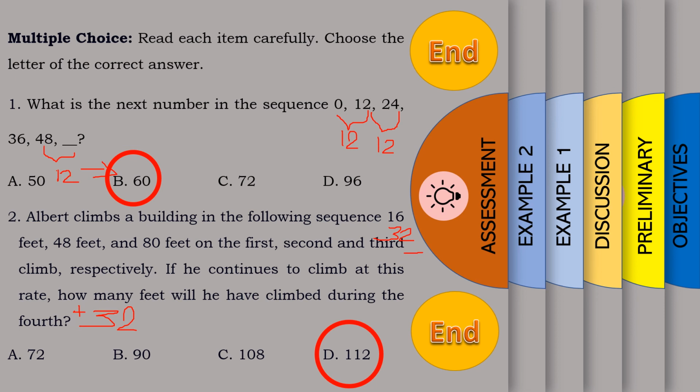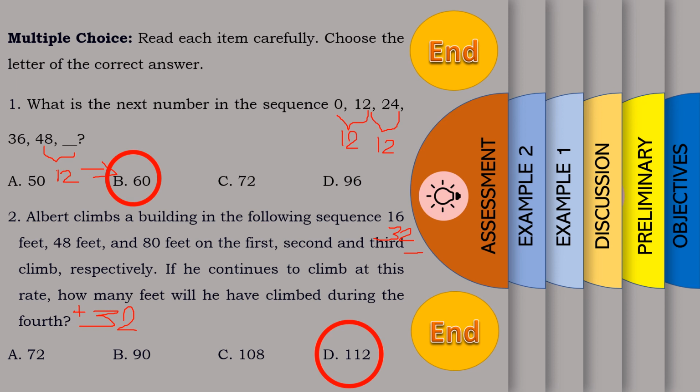So again, ang naging rule natin dyan is makita natin yung pattern niya. So yung pattern ng isang sequence. So nakuha natin na nag-add lang tayo dyan ng fixed number to get the next few terms of the given sequence. And that's it. Congratulations.